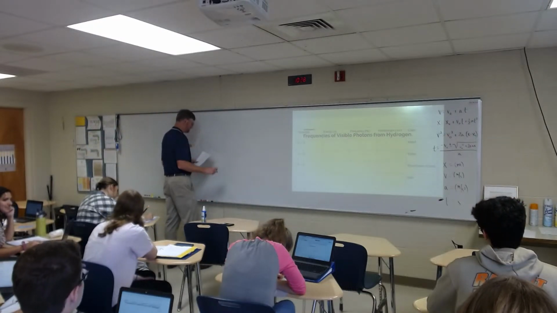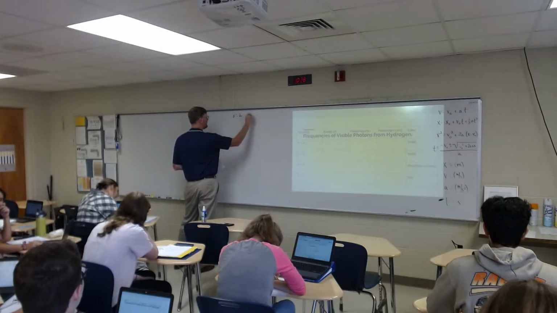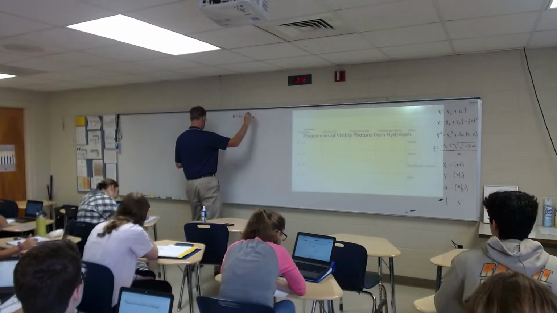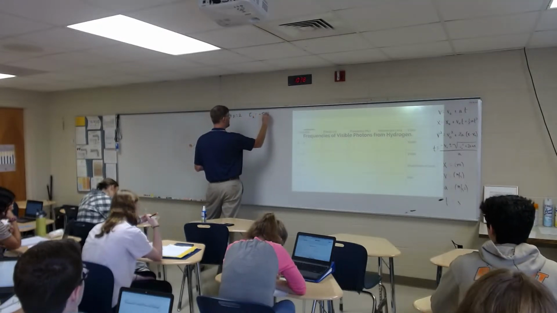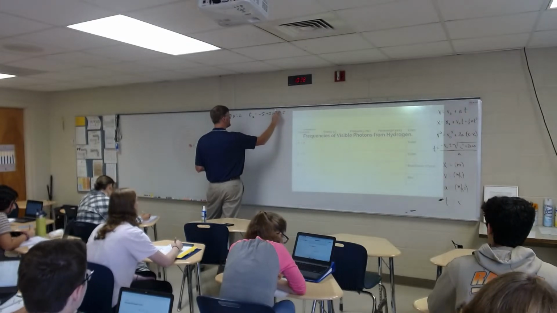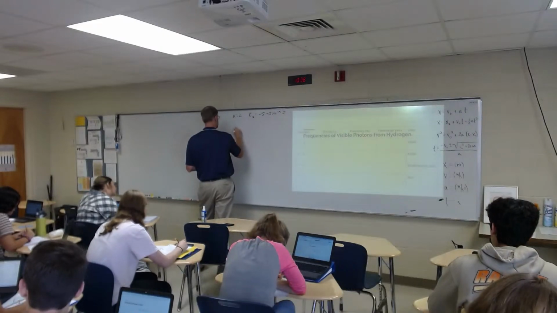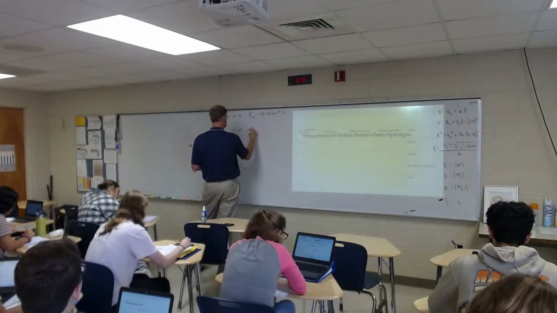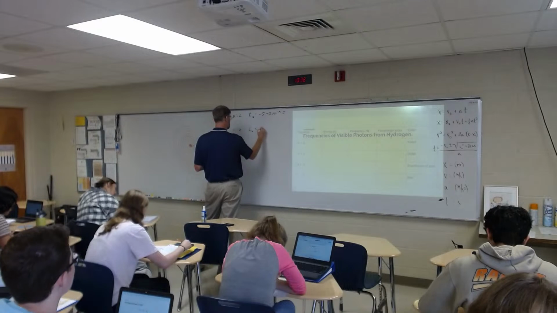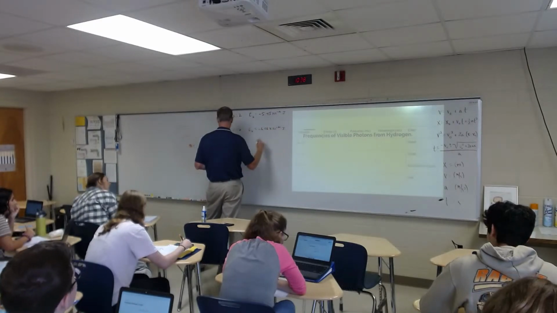Okay, so when n equals 2, the energy is negative 5.45 times 10 to the negative 19 joules. When n equals 6, the energy of level 6 is negative 6.06 times 10 to the negative 20 joules.